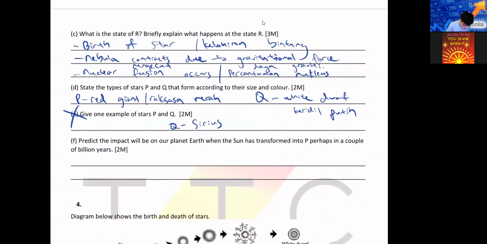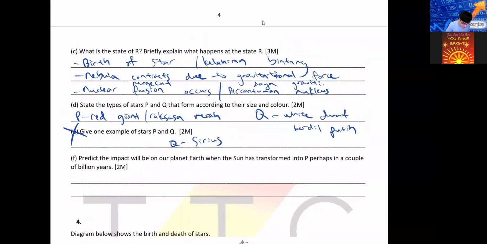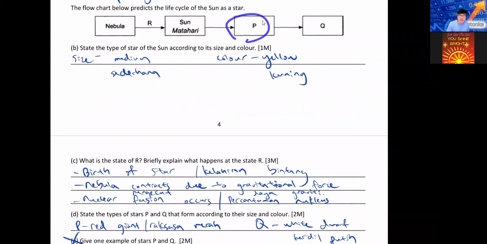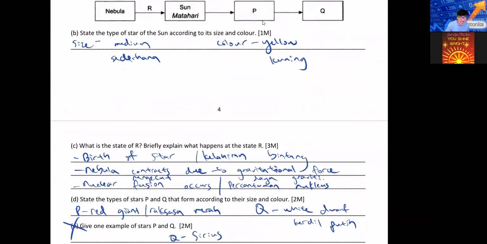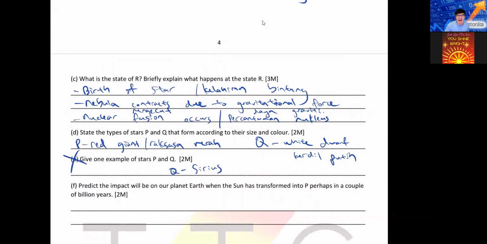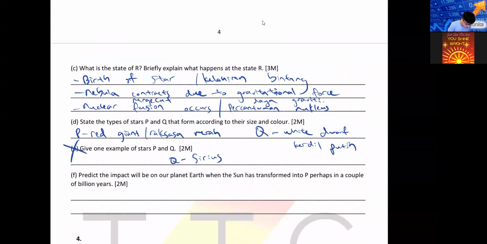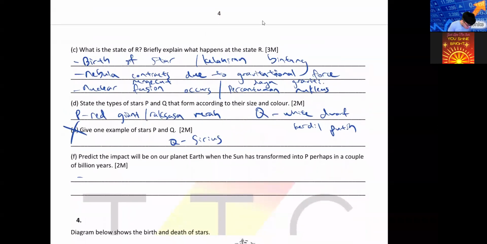So F, predict the impact on our Earth when the Sun has transformed into P, perhaps in a couple of billion years. So what happens when our Sun becomes a red giant? First of all, a red giant is really hot, because they are towards the end already. They burn even hotter.